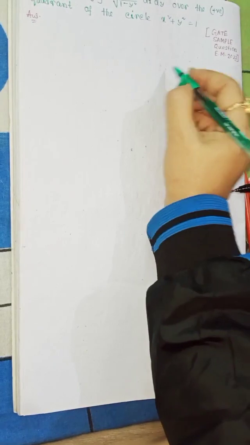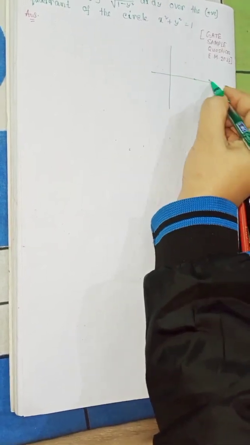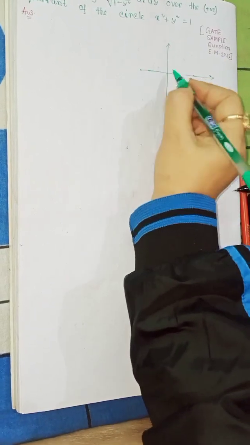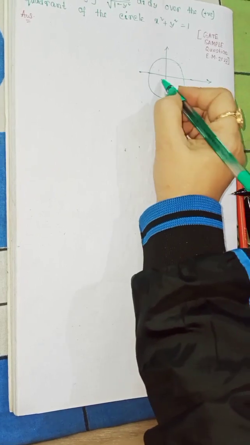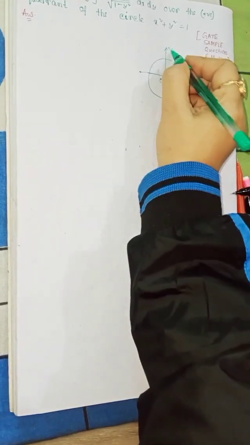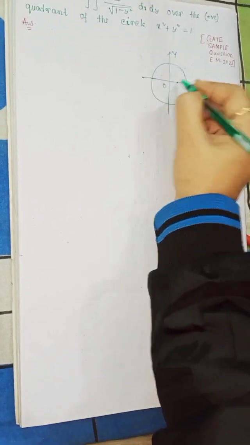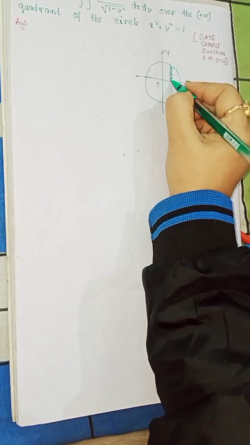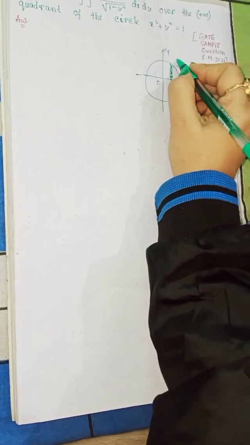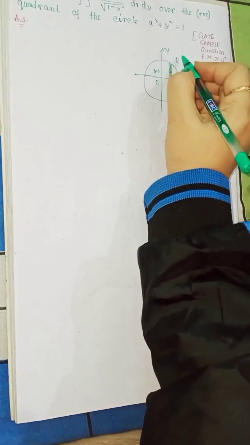So at first, just draw the circle. So this is the coordinate axes, x and y, and here is the circle. So this is O, x and y, and here is the point P. So this one is the portion PQ, and x equals 0 is the axis here.